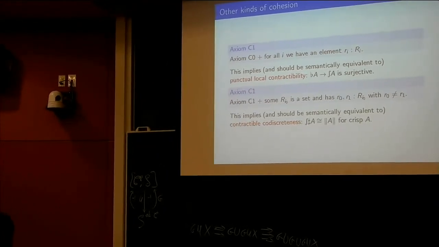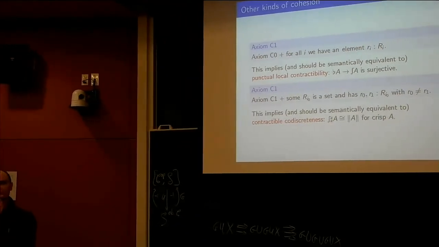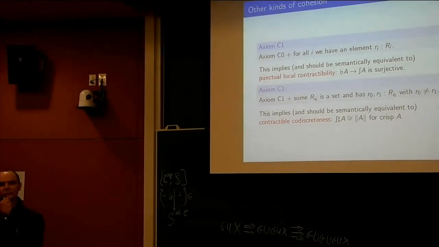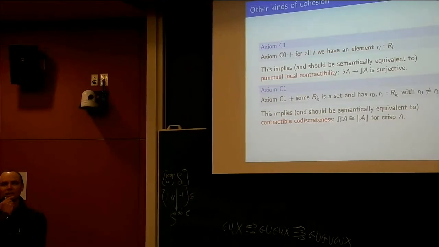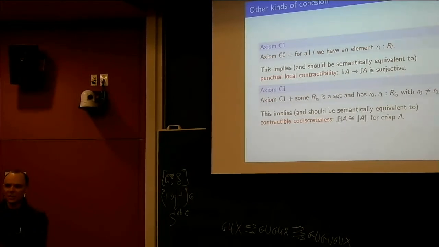You also have cohesion of categories. So the model of simplicial infinity-groupoids is cohesive because it's a local topos.